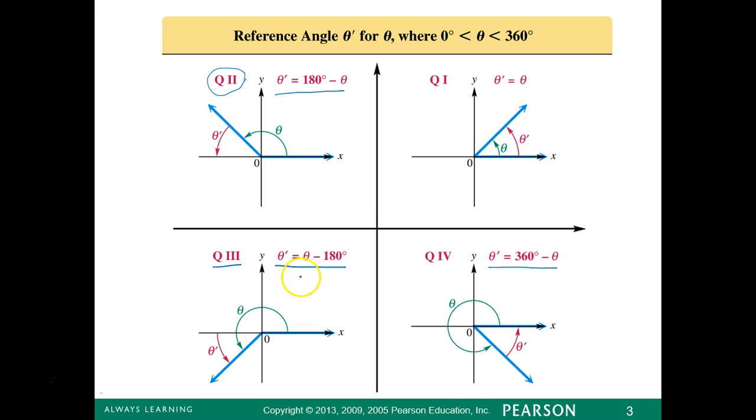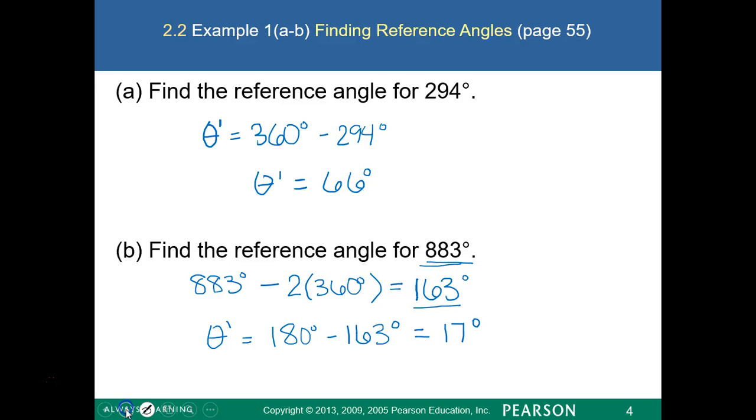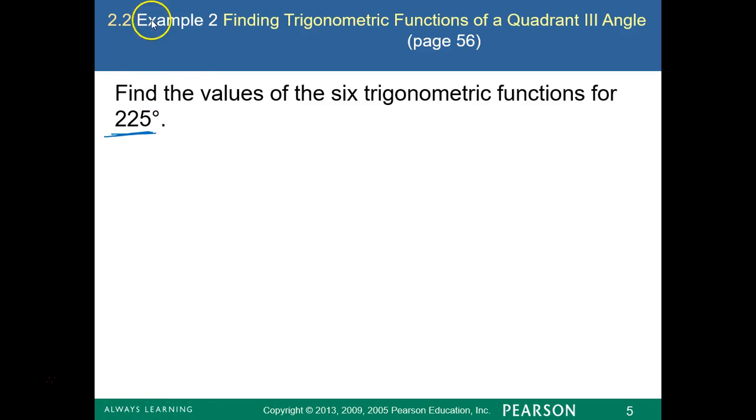And here's how we find the reference angle. Let's go back. So find the reference angle: say our angle given, which is 225, and subtract 180 from it.